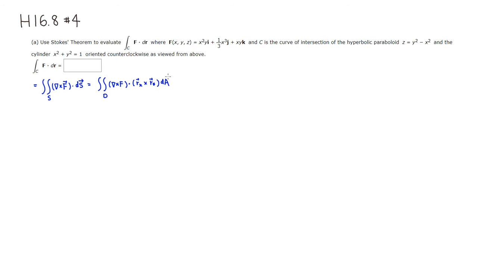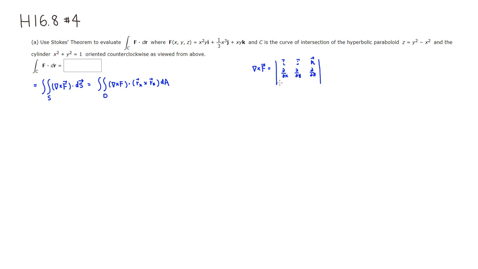Let's compute the curl first. Curl of F is the determinant with vectors i, j, k, then partial with respect to x, y, z, and the components x squared y, 1/3 x cubed, and xy.